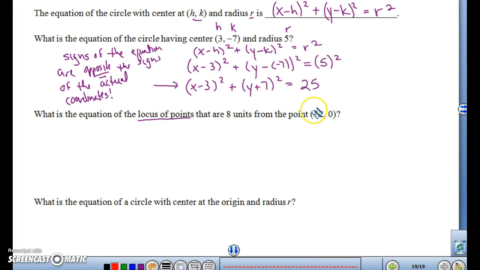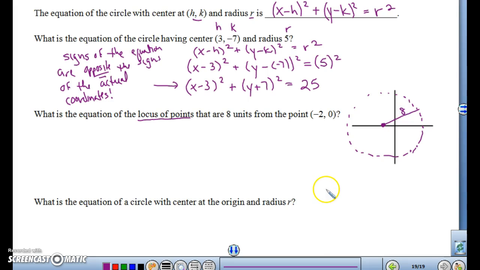Well, let's sketch that. If I wanted to sketch the locus of points that are 8 units from the point -2, 0, so here's my quick sketch. All right, the -2, 0 is about there. And if I am 8 units away from that point, I can be 8 units in any direction. What am I creating? I am actually creating a circle whose radius is 8.